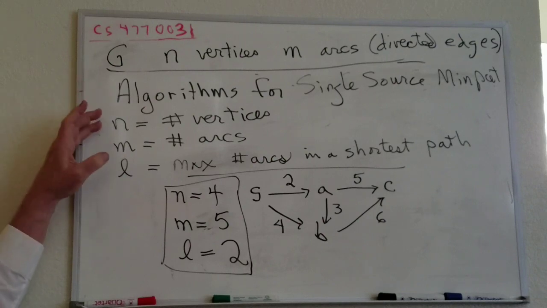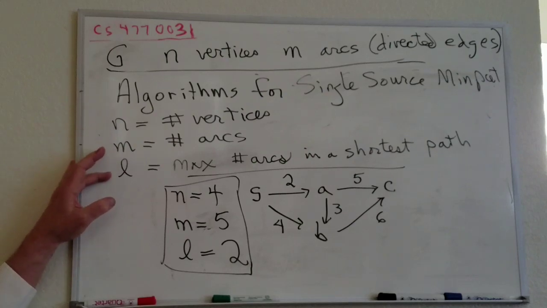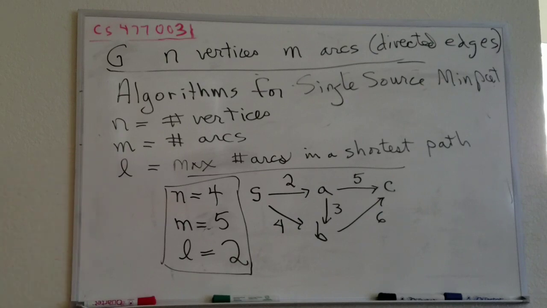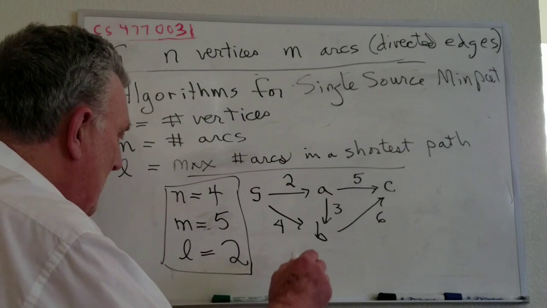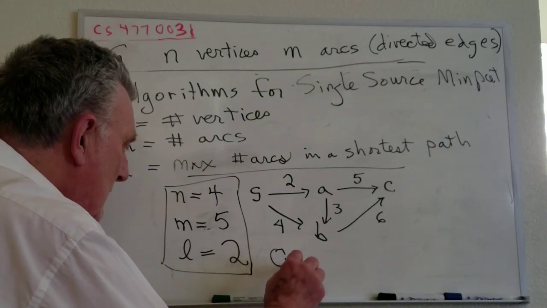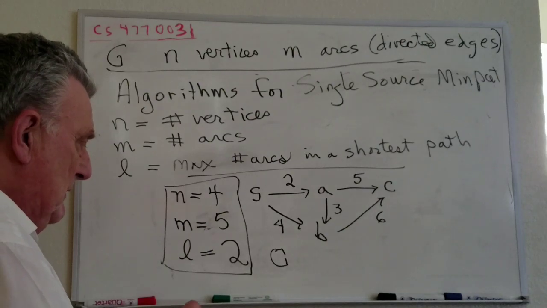Now, we're going to use this notation. N is the number of vertices in the graph, M is the number of arcs, and L is the maximum number of arcs in a shortest path. If we look at this graph here, let's call this G, there are 4 vertices in this graph.